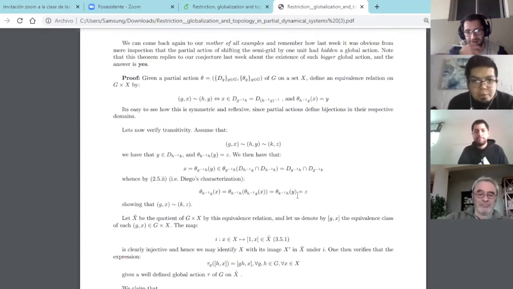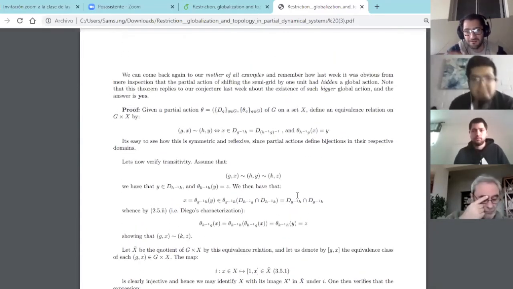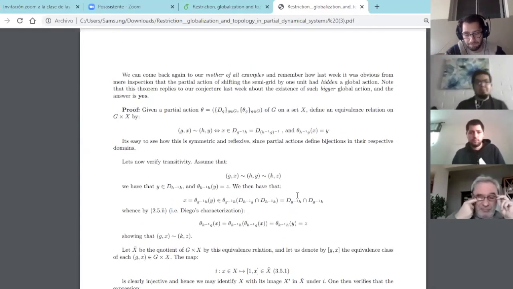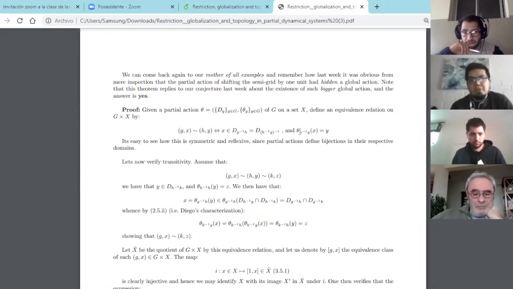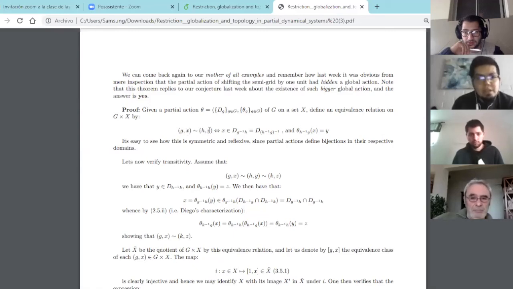That's a good comment on what Mario said. If you make this construction and we start with a global action, then G takes X to the exact same place where H takes Y.